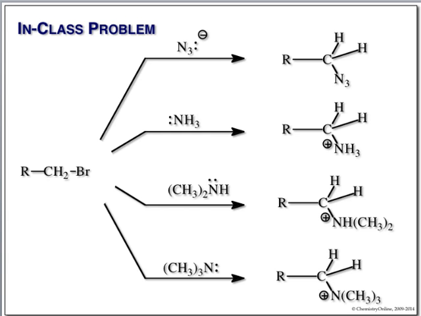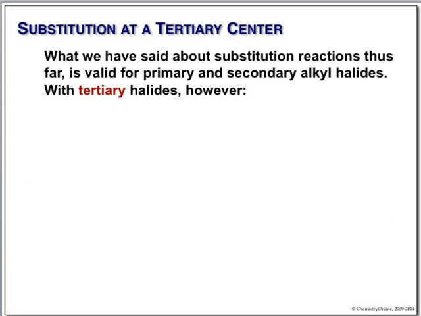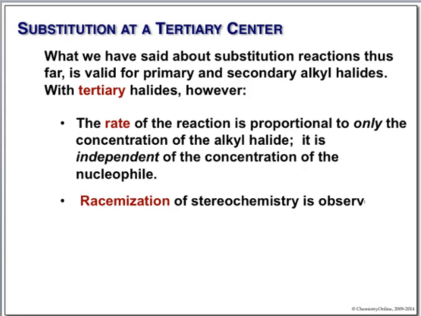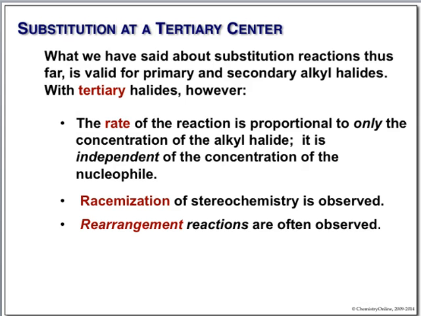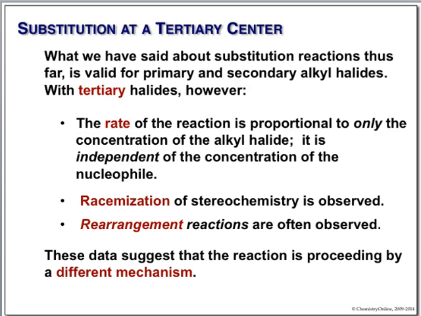All right. Now, I said that we were talking about primary and sometimes secondary centers, right? I said that. That's because if we use a tertiary center, things are typically different. The rate of the reaction: remember we said it was bimolecular with a primary alkyl halide.